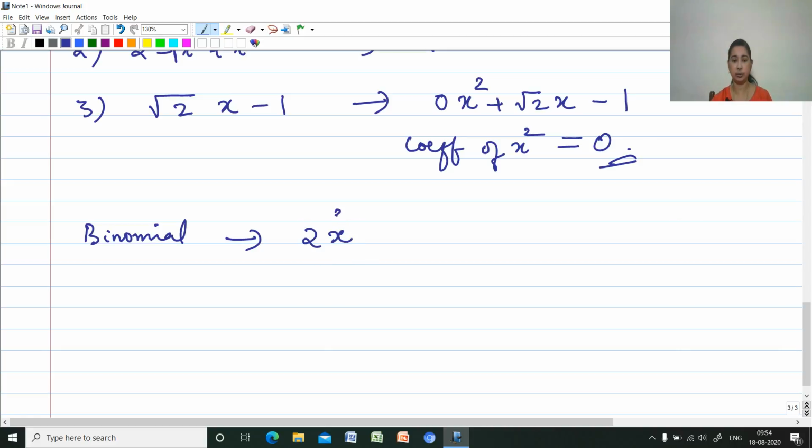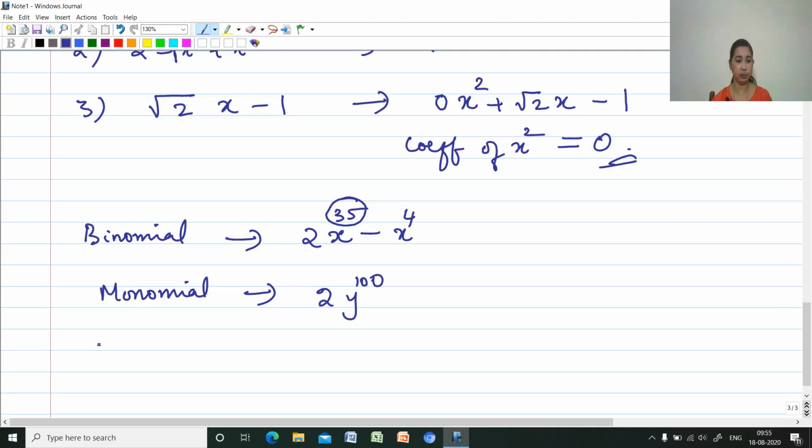So 2x raised to 35 minus some other x raised to 4. Then it is a binomial. Two terms are there. Highest power is 35. Then along with that one more question, monomial of degree 100. Monomial means it should consist of only one term and the degree should be 100. So 2y raised to 100.